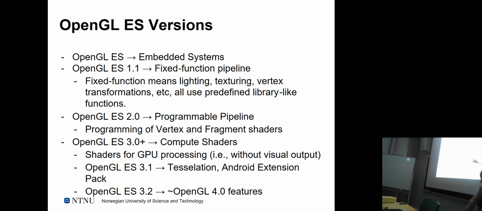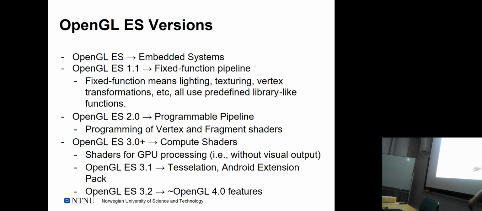So basically compute shaders, uploadable programs that operate on graphics memory but don't produce visual output, so you use them for computing, were introduced in OpenGL ES 3 onwards. So you can actually do GPU processing on your mobile phone as well. That's the fundamental idea.